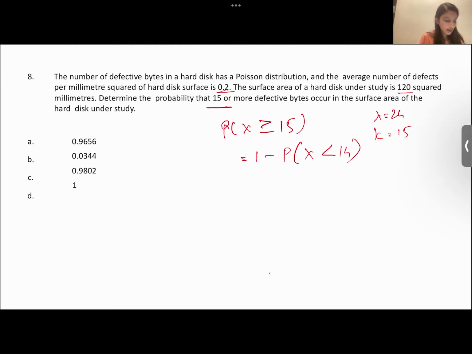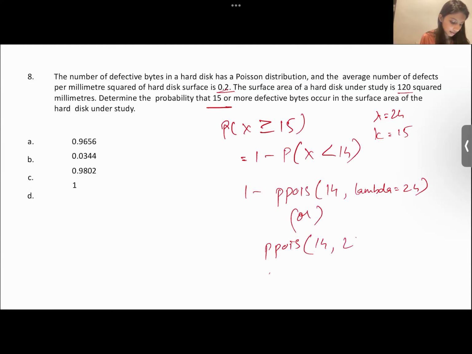So with R, you can do 1 minus ppois 14, comma, lambda is equal to 24. Or ppois 14, comma, lambda, comma, lower.tail is equal to false. This will give you your answer.